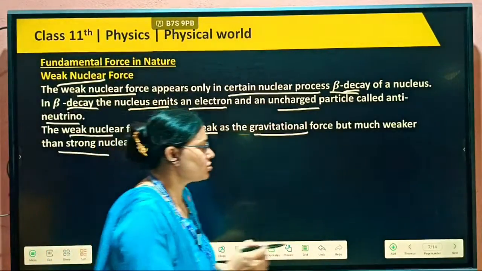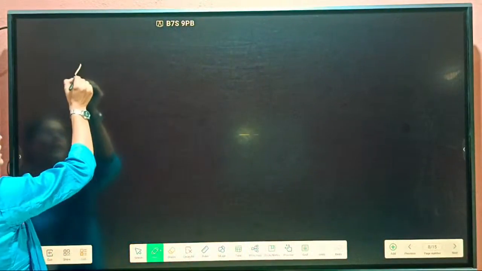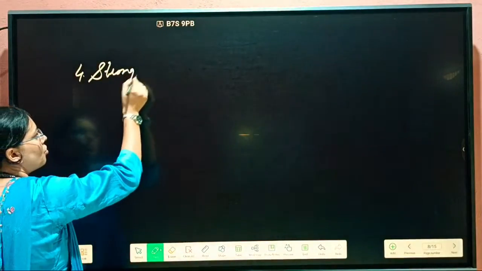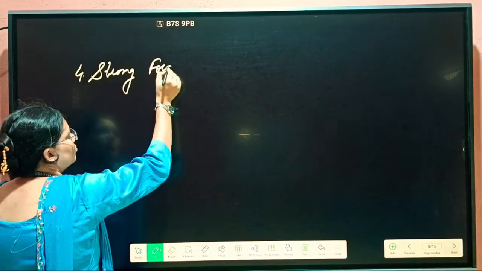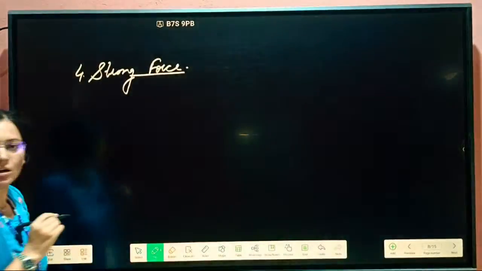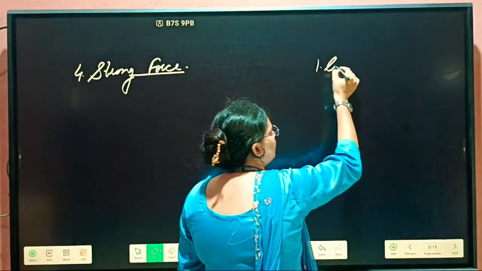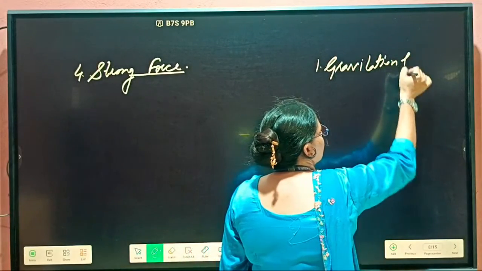Understood, everyone? So next, our fourth type of force. I told you there are four types of force. First we did gravitation force.